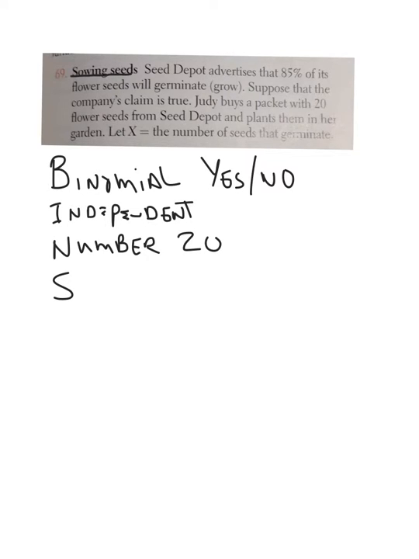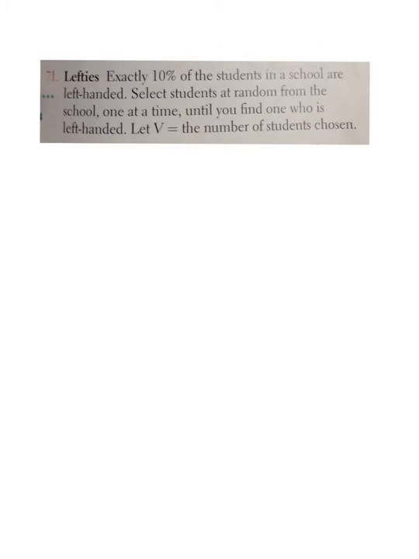And then, is the success rate the same? In other words, the probability. And they tell you that it's got an 85% chance of germinating. So bins is all taken care of, which means it is a binomial distribution. That's the answer to number 69.